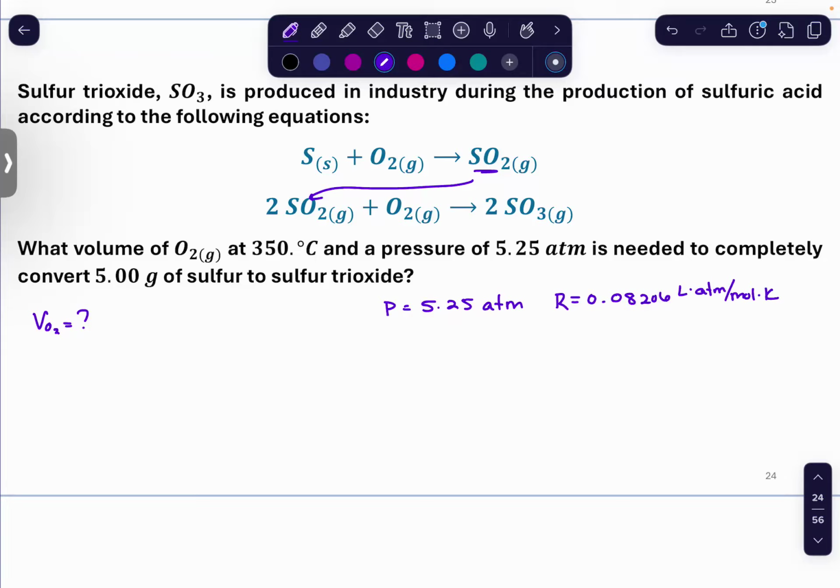The mass of our sample, the mass of sulfur, that is 5 grams. Temperature is 350 Celsius.